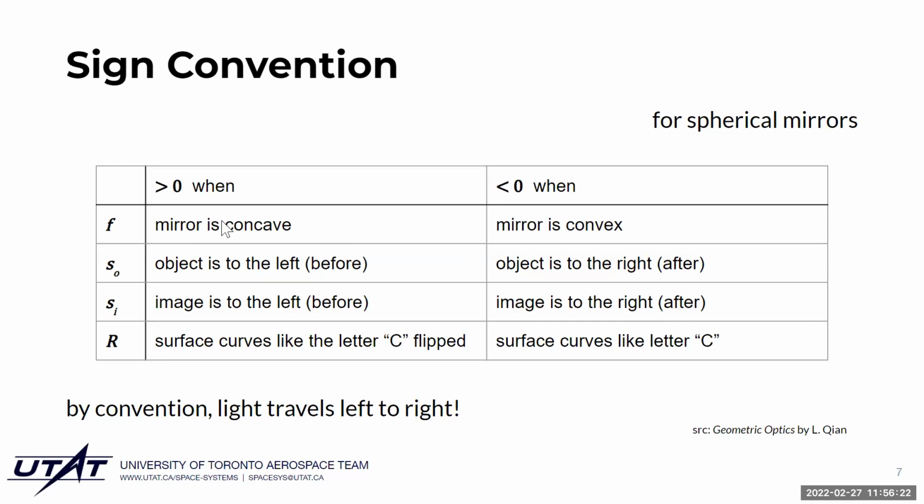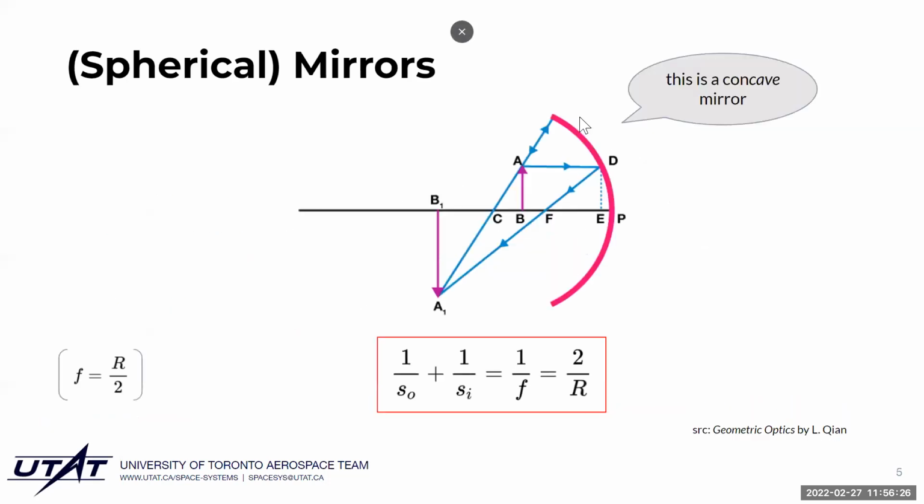The reason all of these are flipped is we want your object distance, image distance, all those things to be positive when your image is formed, when it's a real image.